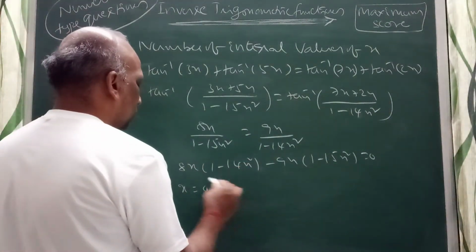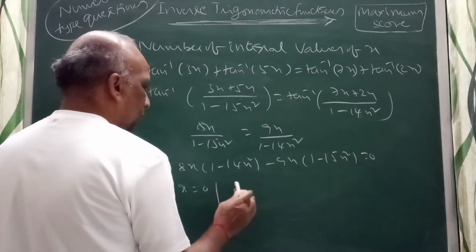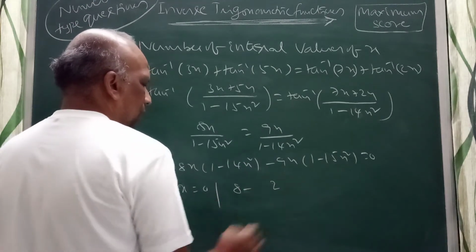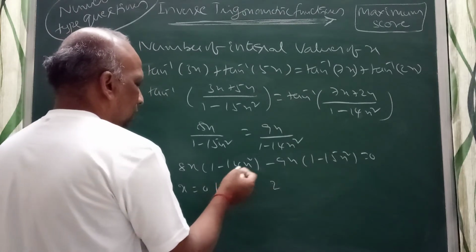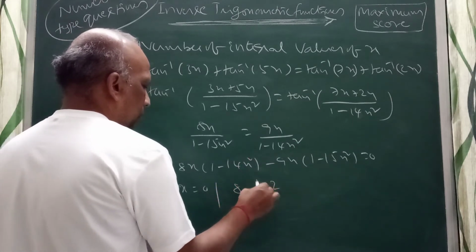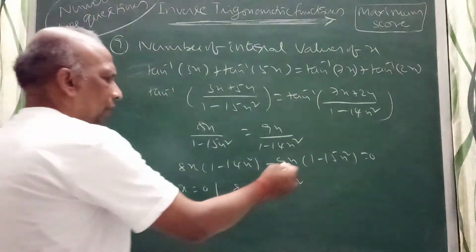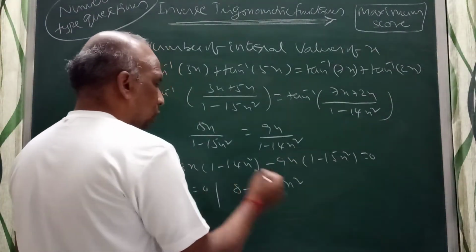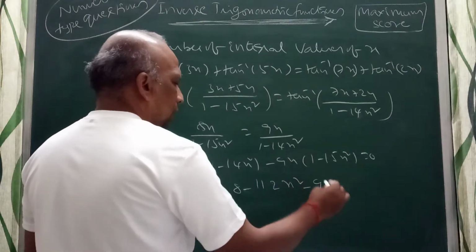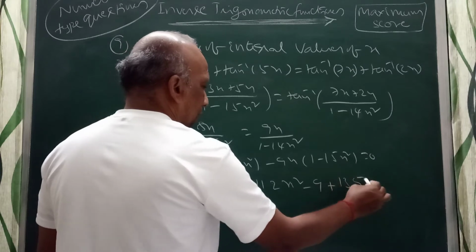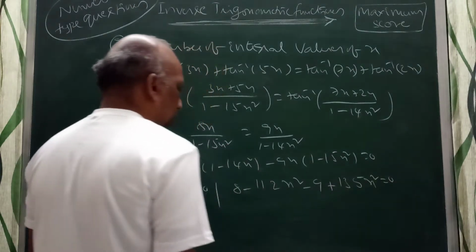You will get 8 minus 14 into 8, which is 112x square, and I have taken x common, minus 9, plus 135x square equal to 0.